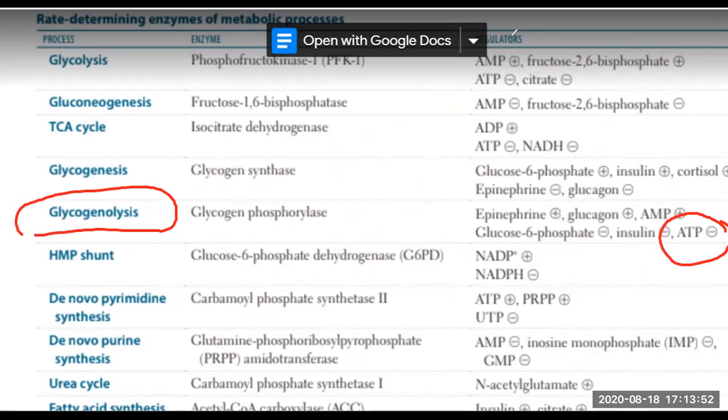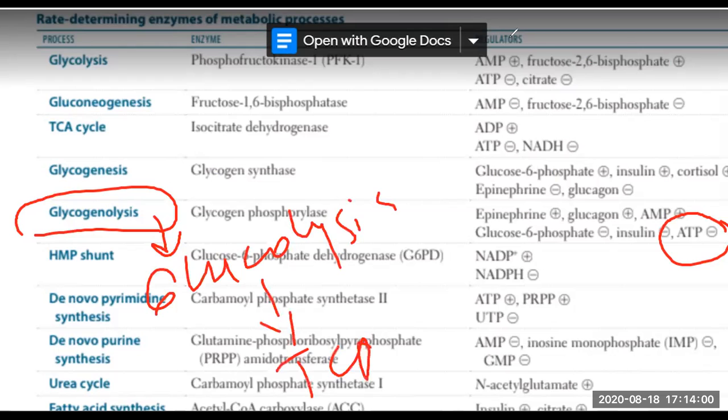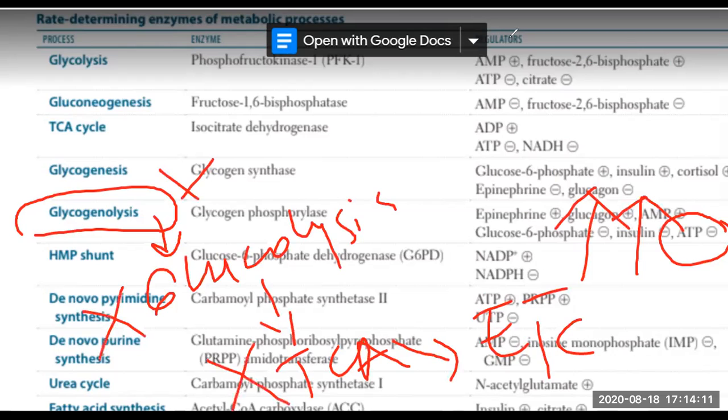After glycogenolysis, you have glycolysis, and after glycolysis, you have TCA, and after TCA, you have the electron transport chain. This is how it goes. You have lots of ATP, so you don't need this, you don't need this, you don't need this. Getting my point?